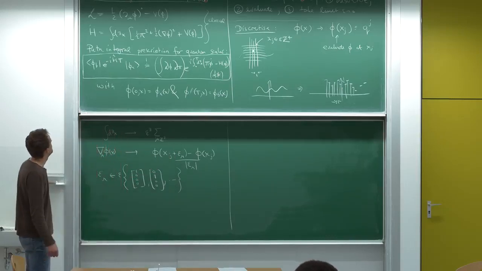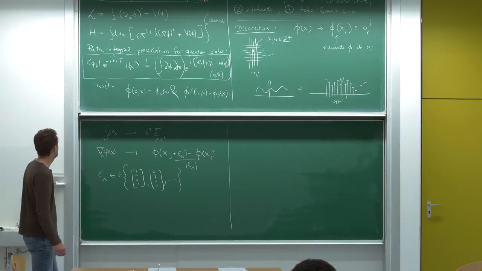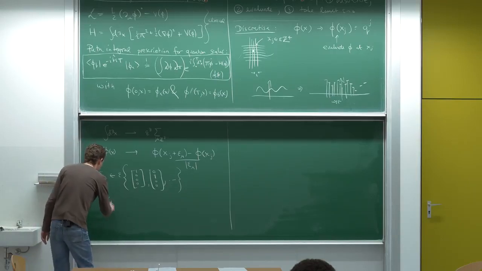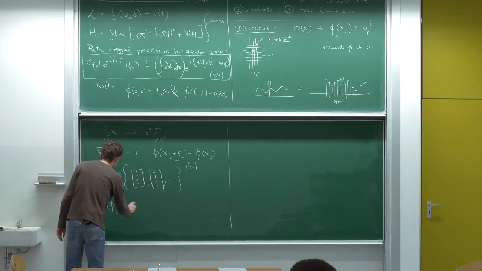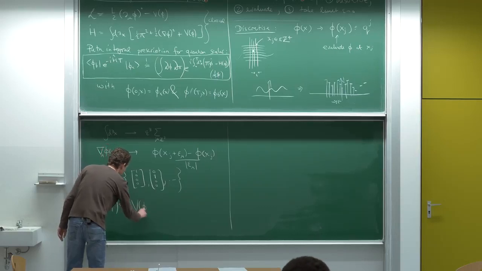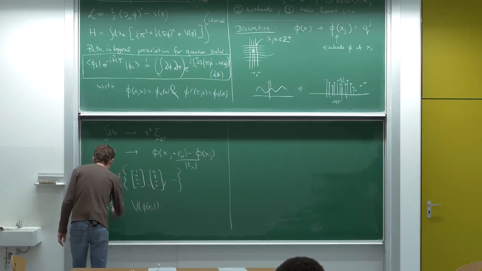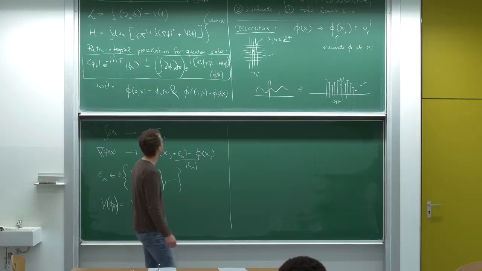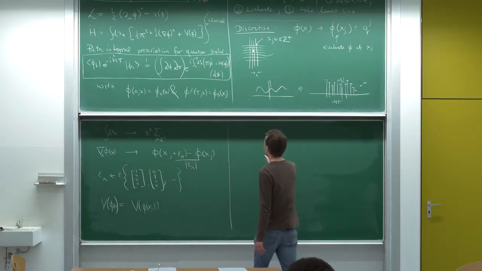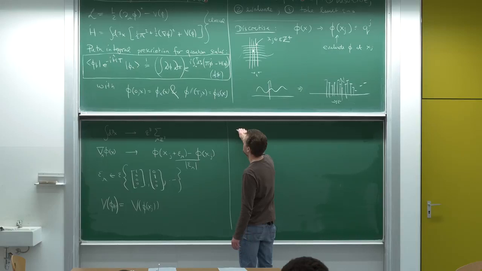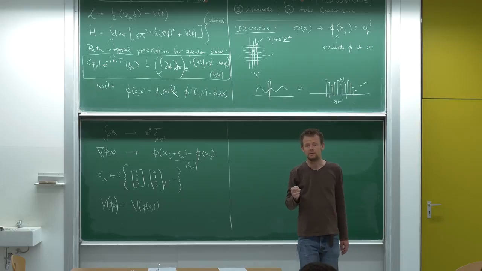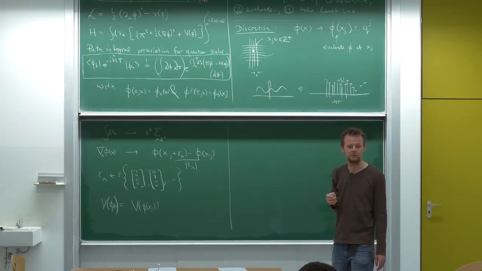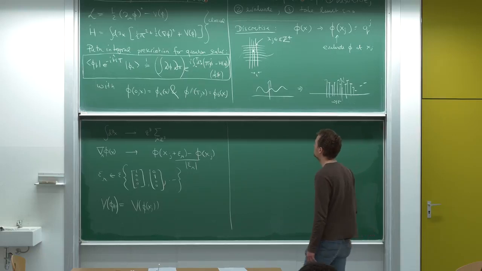And then, at this point, we have v of phi. Well, that's easy. You just evaluate v at xj. And so after discretization, you end up with something that looks like a non-relativistic system, just with a funny Hamiltonian.